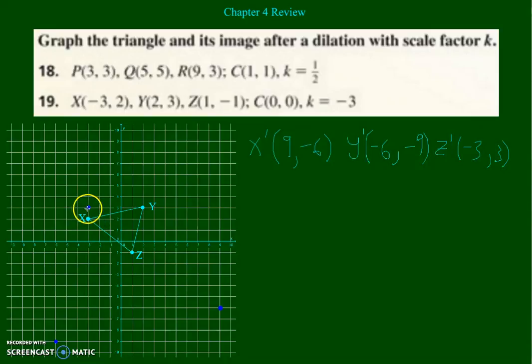And we'll graph the lines. And so what we have is 9, -6 is X prime, and -6, -9 is Y prime, and -3, 3 is Z prime.